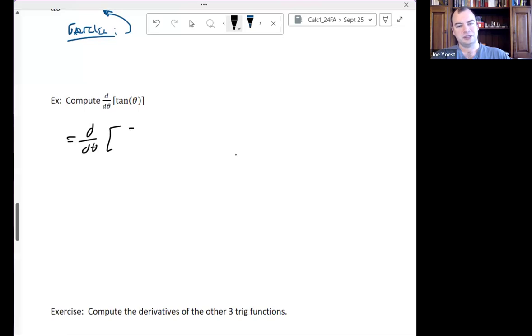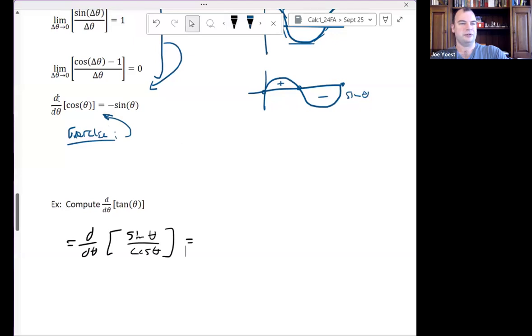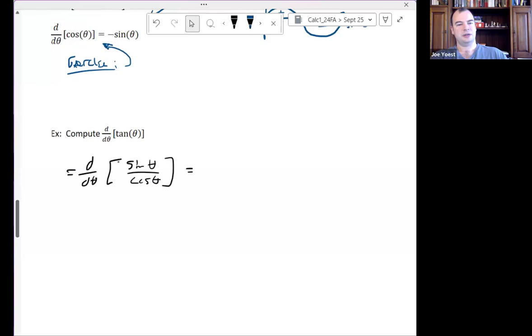The derivative of tan theta is the derivative of sine theta over cos theta. By definition, that's what tangent is. And here I actually know the derivatives of both cos theta and sine theta, and I just have the derivative of a quotient.